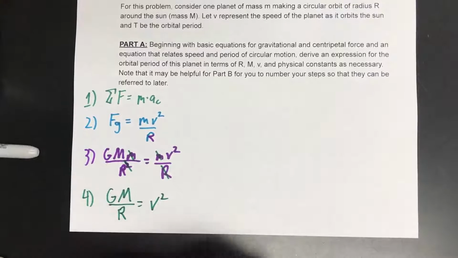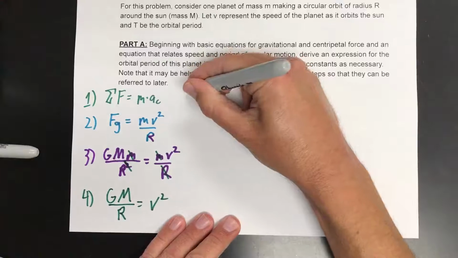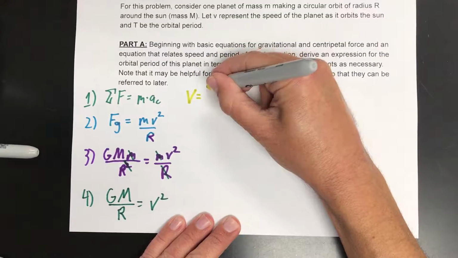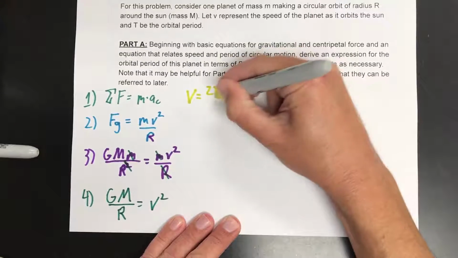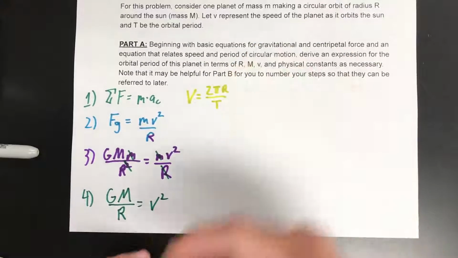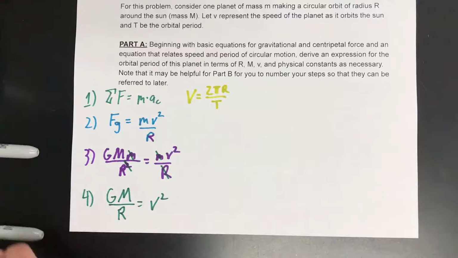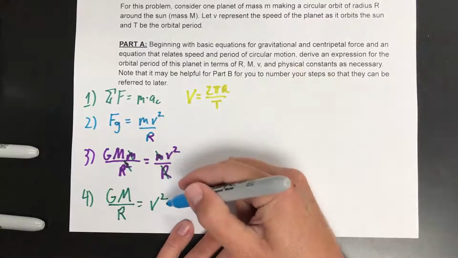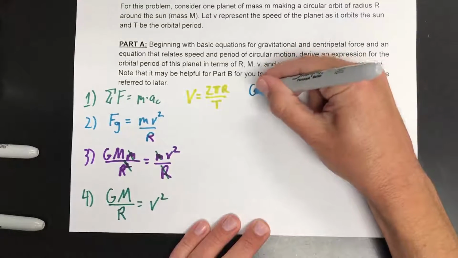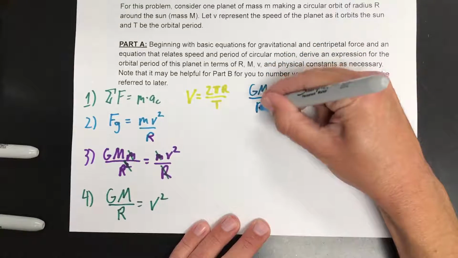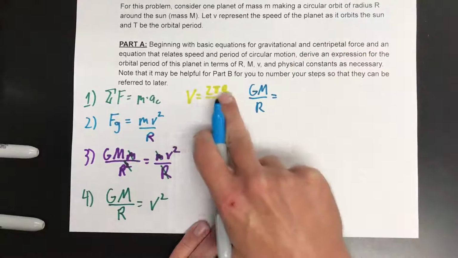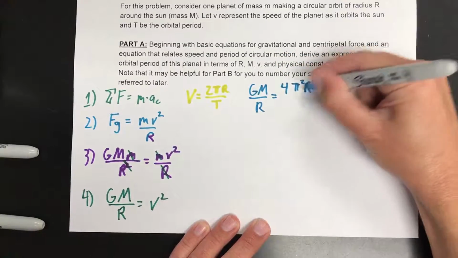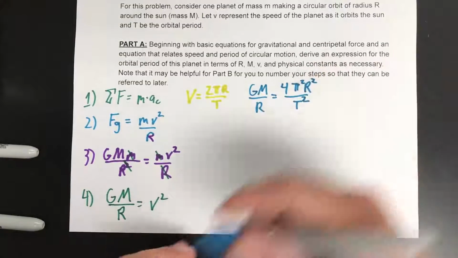So a little side note I'll put in here, remember that velocity of something that goes in a circle is equal to the circumference, 2 pi r, divided by the period T. So let's use that then to do the next part. This velocity we'll put in here and we'll square it. So gravitational constant times the mass of the sun divided by the radius is equal to, everything here gets squared, so 4 pi squared r squared over T squared.